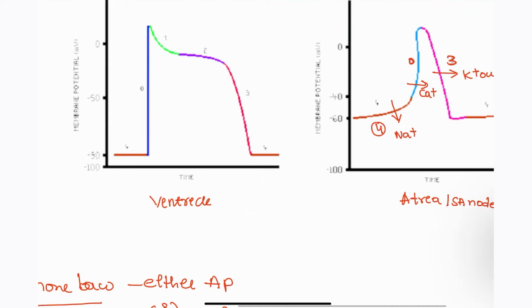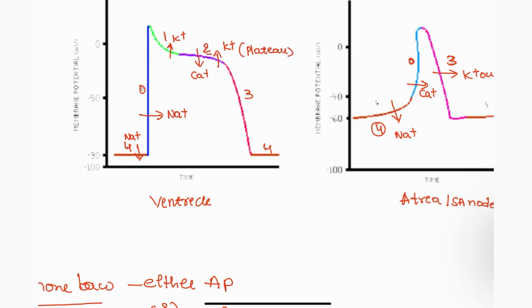Next, here you can see this is the ventricle. Again, there will be different phases that will be seen here. So first, in the fourth phase, there will be a sodium influx, and also in the zero phase sodium influx will be seen. But in the first phase there will be potassium out. And in the second phase potassium is out, but there are some calcium channels which will be present in the second phase, and this phase is also known as the plateau phase.